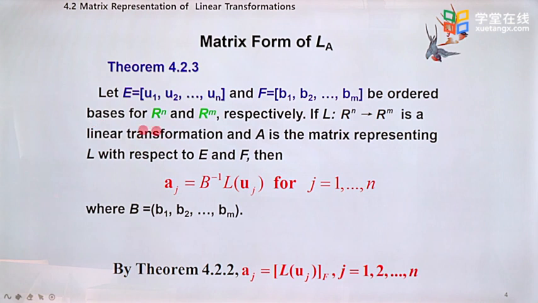Let E, composed by U1, U2 till Un, and F, composed by B1, B2 till Bm, be ordered bases for Rn and Rm respectively.